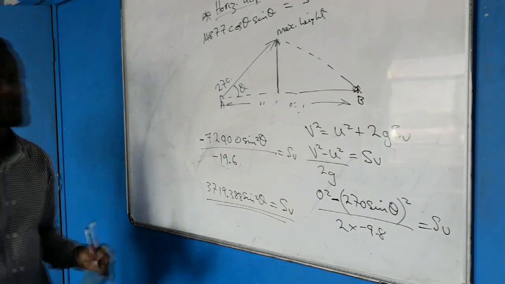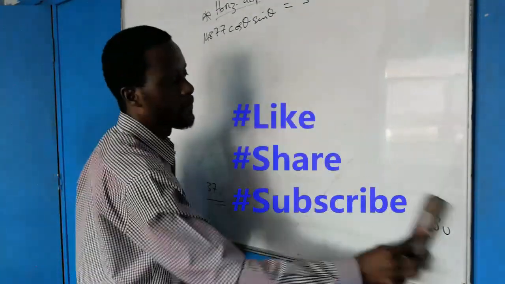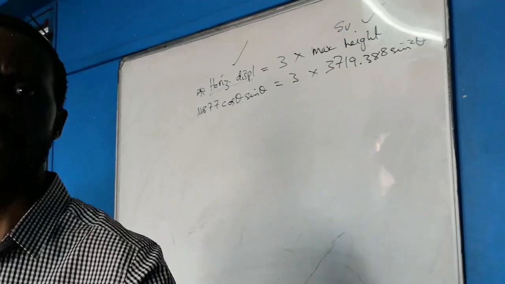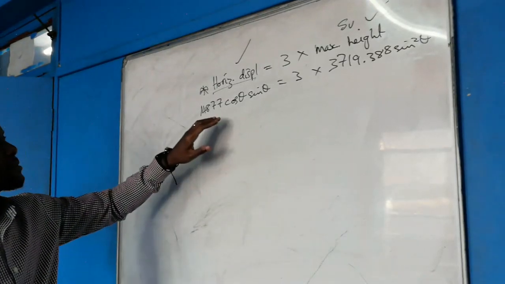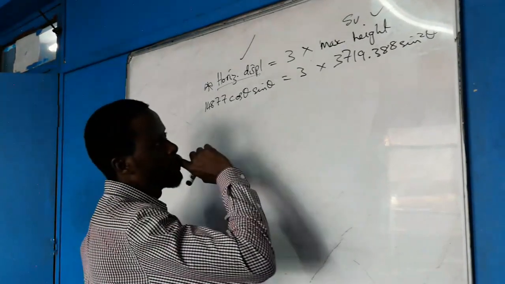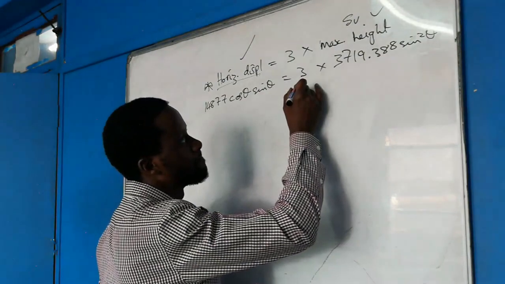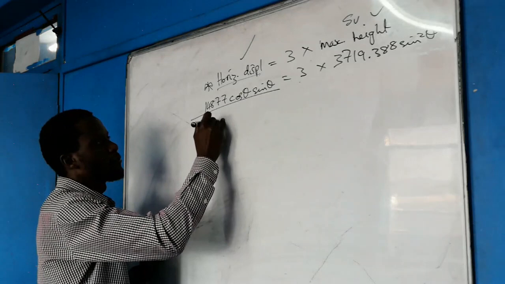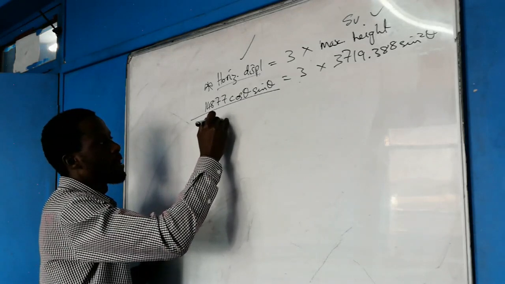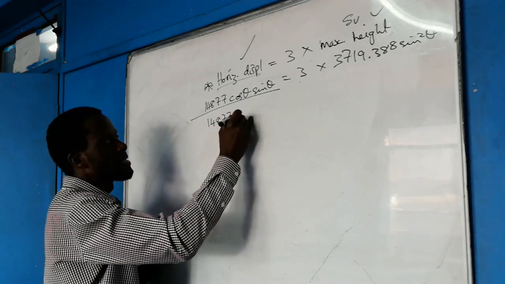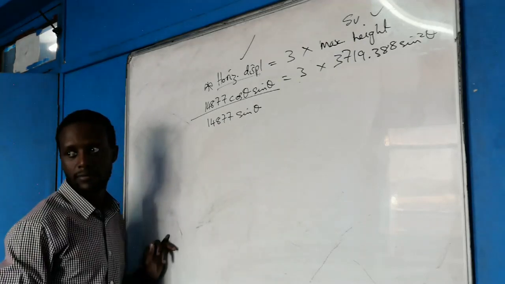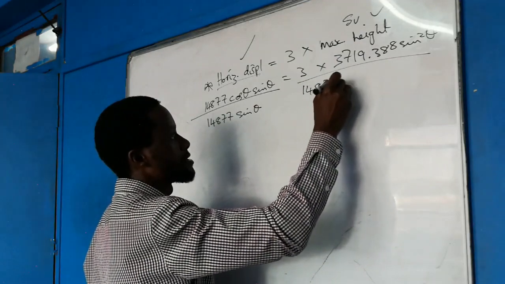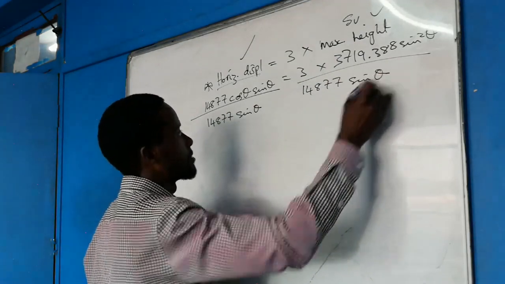Okay, makes sense. So from this stage now, our physics assignment is now just mathematics. Just to make life easy, let's divide this side. 14877 sine theta, we divide by 14877 sine theta.